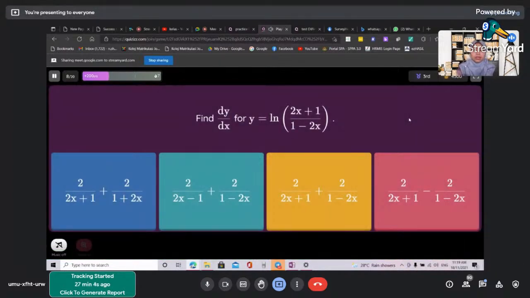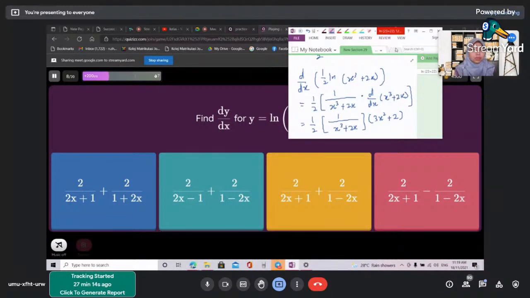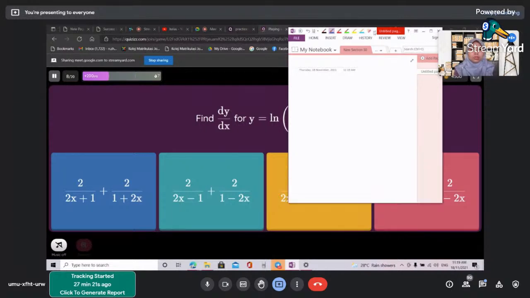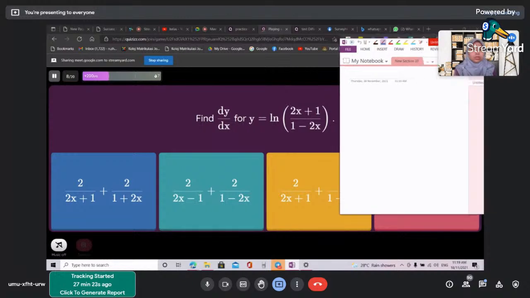Okay, now you have ln, and inside of ln you have fraction. If you have fraction, it's better for you to use law of log to convert the expression into something that is easier for you to differentiate. If not, if you stay with this form, you might need to do quotient rule.